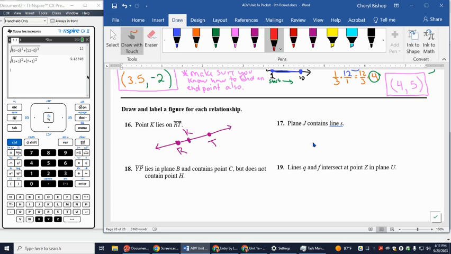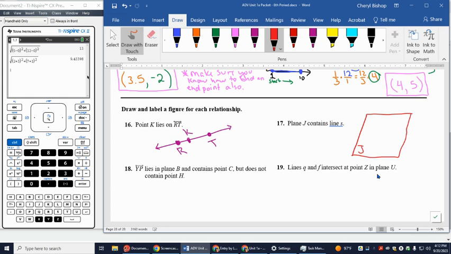Plane J contains line s. And notice there's a little lowercase s. That's the one that does go by the arrow because that's the actual name of the line. It's easiest if you draw the plane first. Remember, we just draw what looks like a parallelogram. And it's plane J, so in one of the 4 corners, whichever corner is your favorite, put your J. I tend to typically put it in the lower left-hand corner when I draw them.